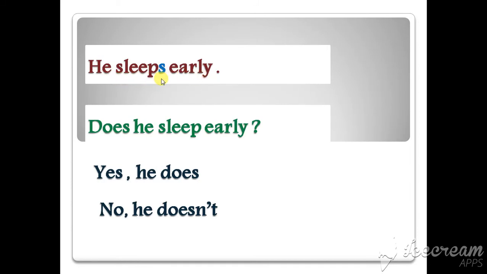And if you want to change this sentence into a question, then we have to start that question with does, and we have to drop the s from the verb, because the verb here is infinitive, no s.